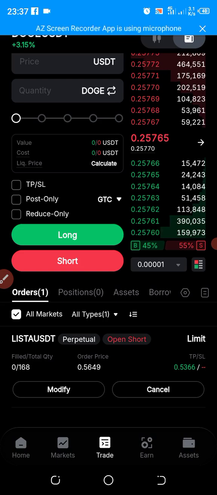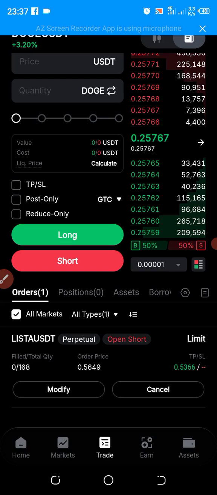What makes you lose money is not that you don't know how to trade, but that you don't understand what we call risk management. Risk management is as important as entering the trade and exiting the trade.